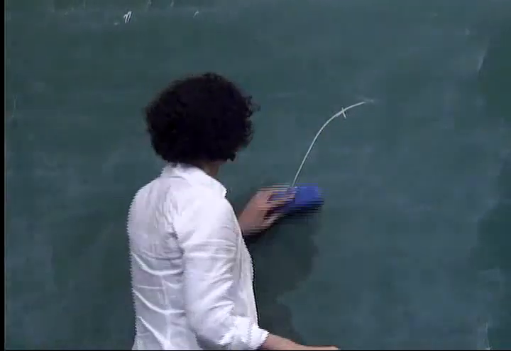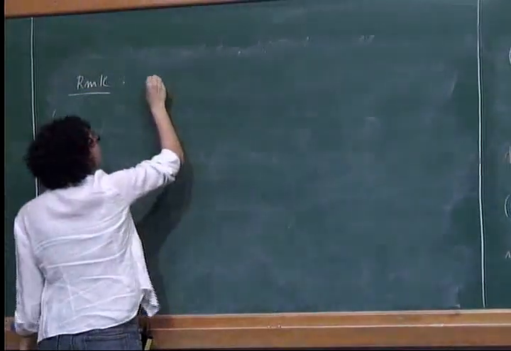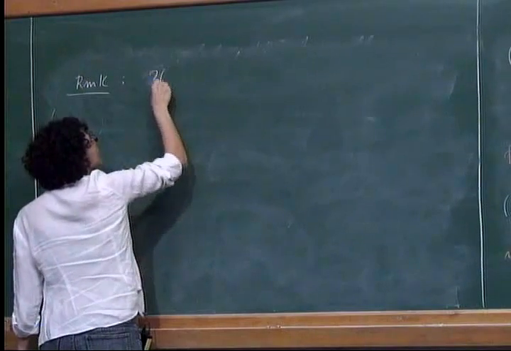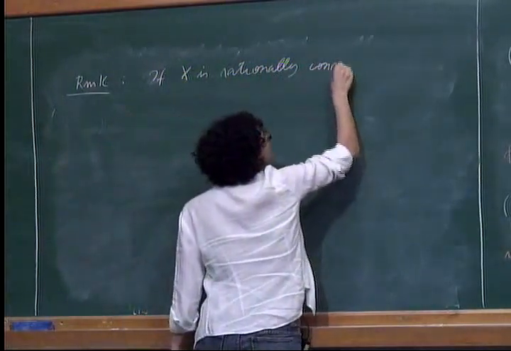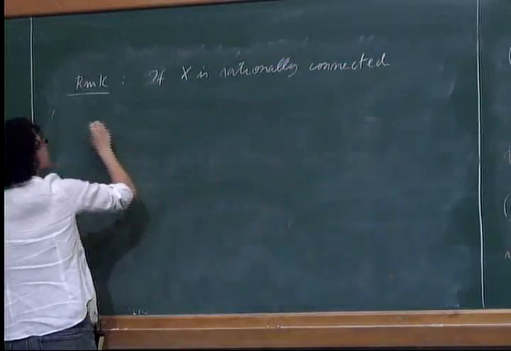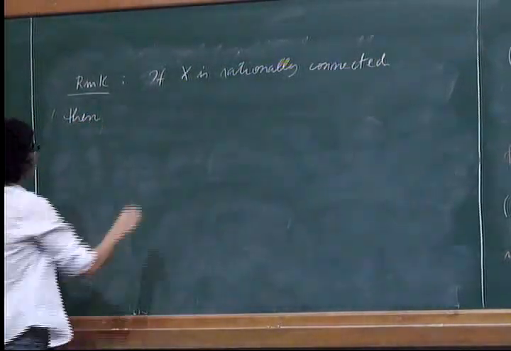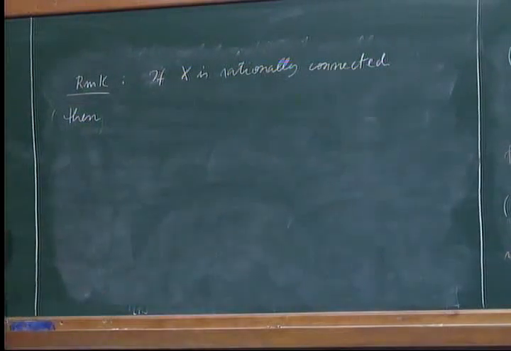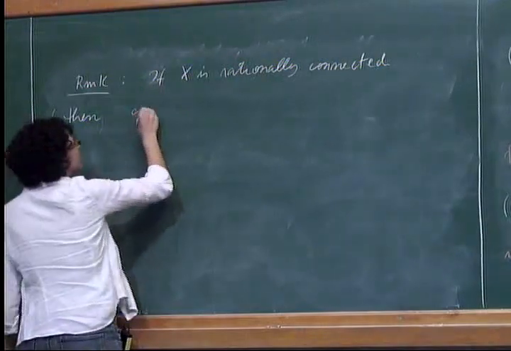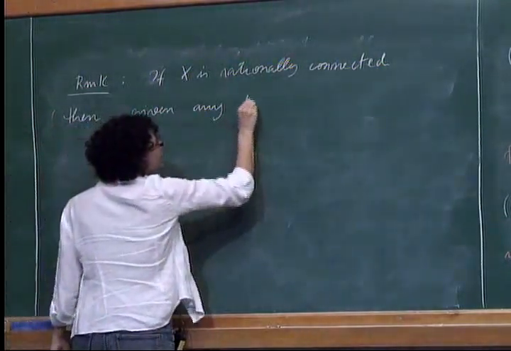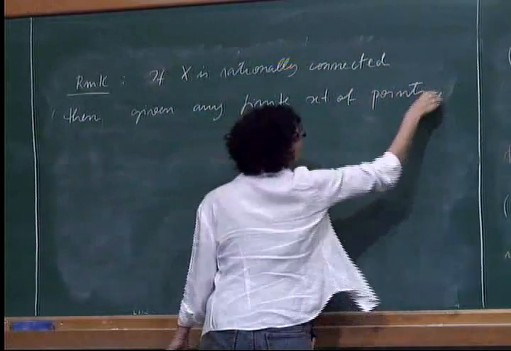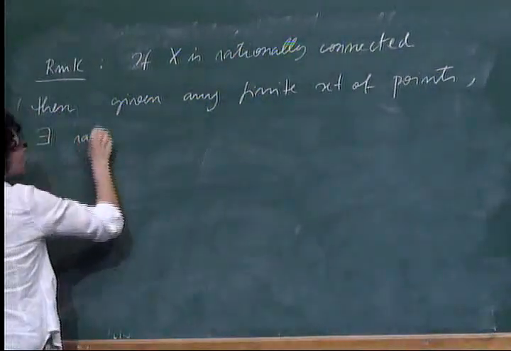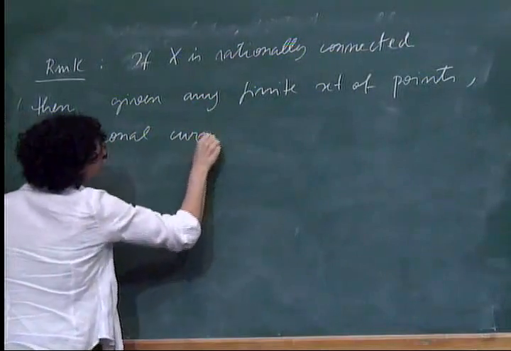It turns out that if you try to do this, you will get nothing new. This is a remark, we stop at rationally connected. If X is rationally connected, then given any finite set of points, there exists a rational curve through them.